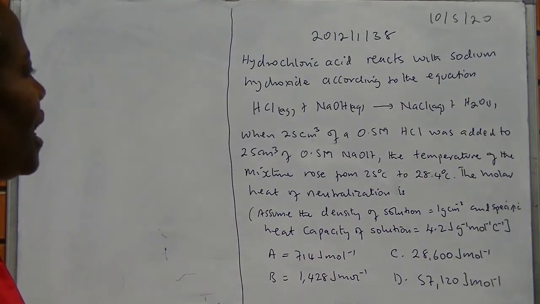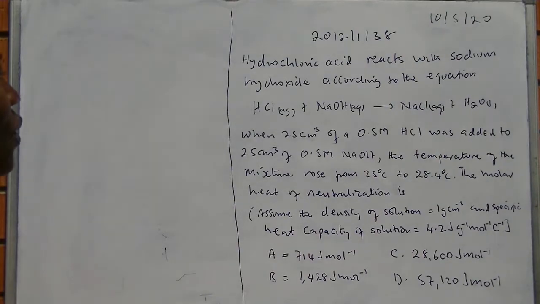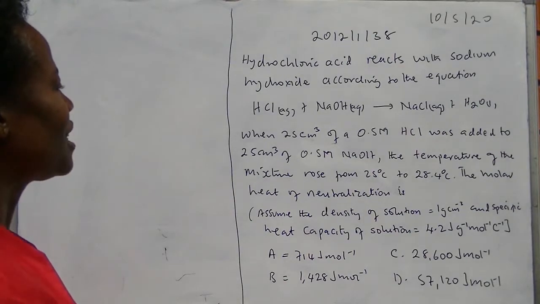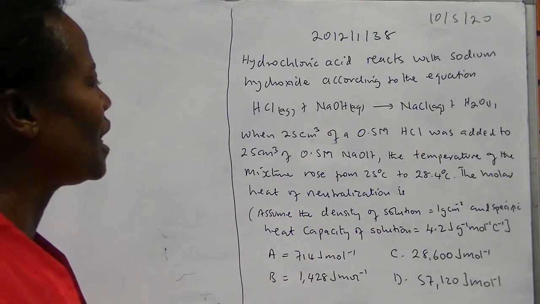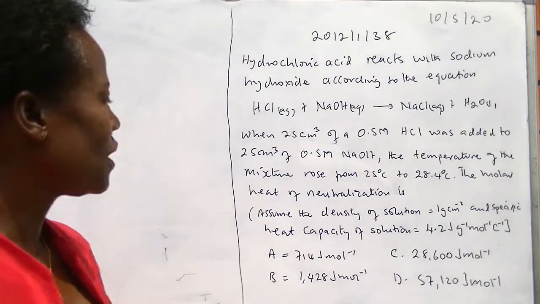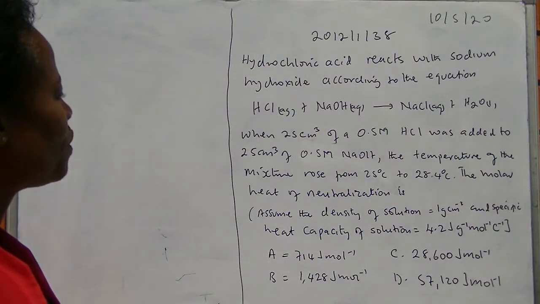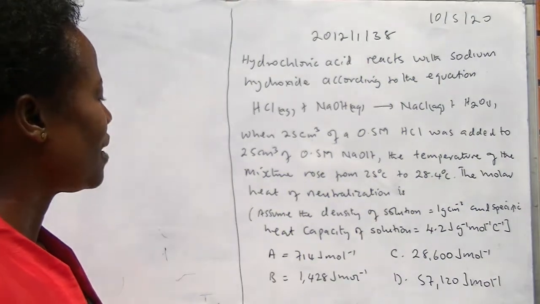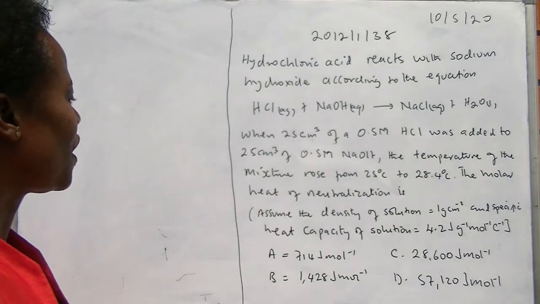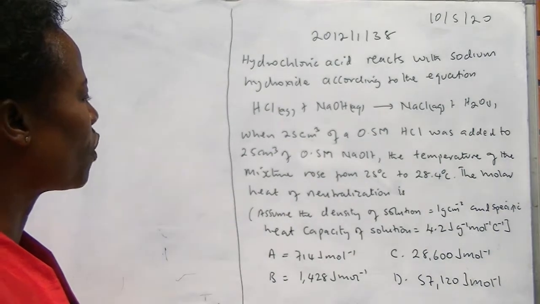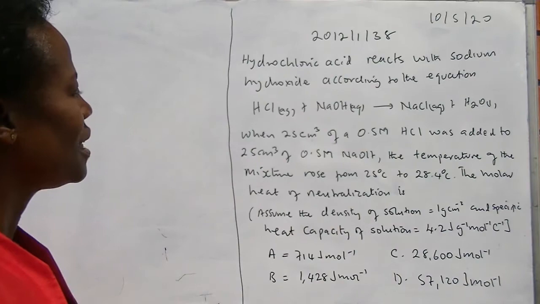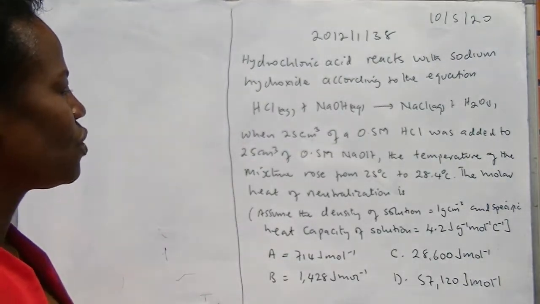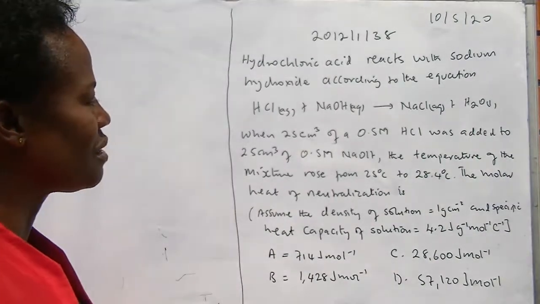2012, paper 1, number 38. Hydrochloric acid reacts with the sodium hydroxide according to the equation. We are told 1 mole of hydrochloric acid reacts with 1 mole of sodium hydroxide to produce a salt and water. When 25 cubic centimeters of 0.5 molar hydrochloric acid was added to 25 cubic centimeters of 0.5 molar sodium hydroxide, the temperature of the mixture rose from 25 degrees Celsius to 28.4 degrees Celsius.